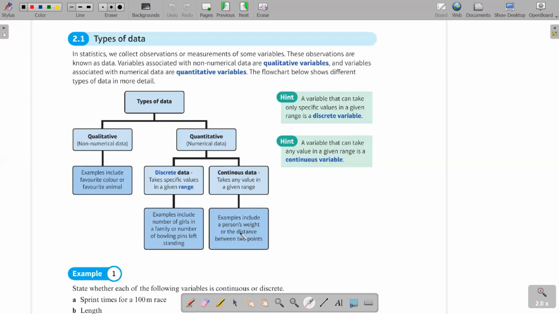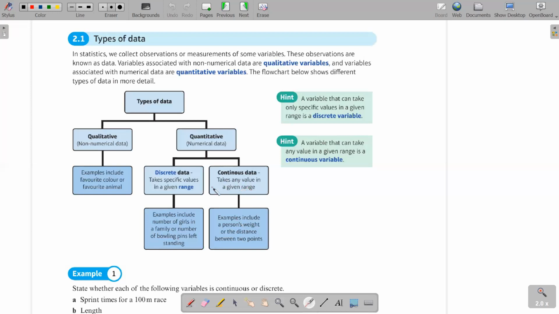For example, they say continuous data includes a person's weight. When it comes to a person's weight, you can measure it to decimals, right? You can say that person's weight is 50.1 or 50.2 kilograms. You can actually take it to even more decimals. You can make it more accurate. That's why they say it takes any value in a given range.